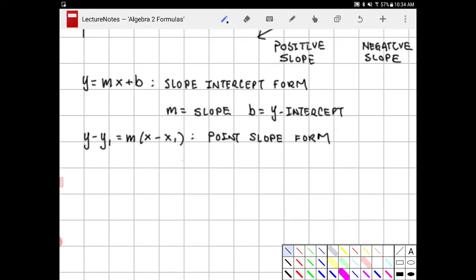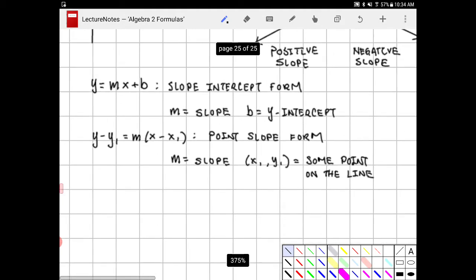And again, m is equal to slope, and x1 comma y1 is some point on the line. This is some point on the line, okay?